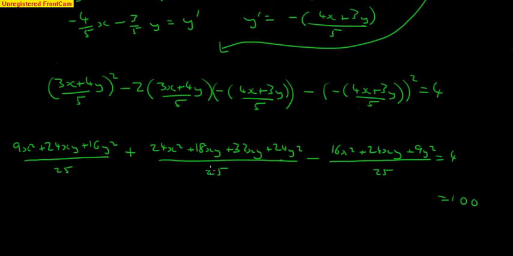Then, combining, we've got 9x squared plus 24x squared, that's 33x squared, minus 16, 33 minus 16 is 17x squared. Let's just say 24 minus 16 is 8 and 9 is 17. Okay, so there's the x squareds. Now the xy's, we've got plus 24 plus 50, because 32 and 18 is 50, so that's 74 minus 24.